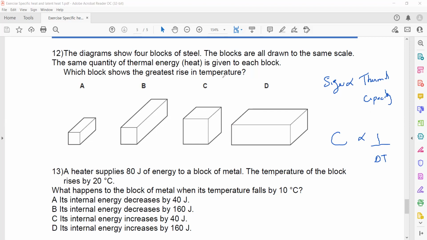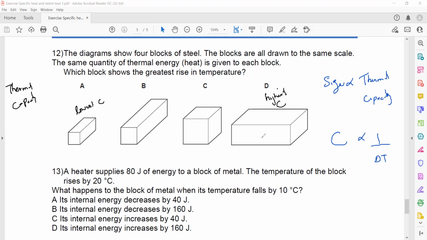And if thermal capacity is higher, the temperature change will be smaller. So if I write them in order of thermal capacity, A will have the lowest thermal capacity and D will have the highest thermal capacity.